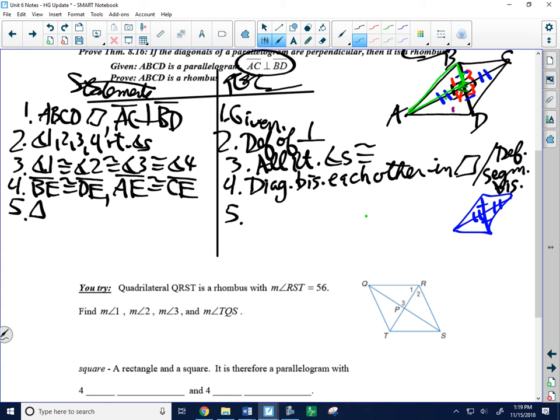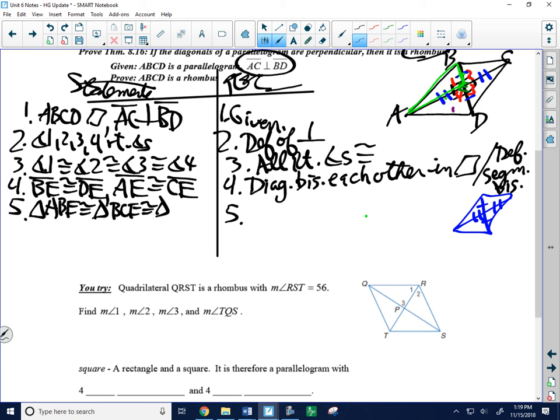I'm going to name all four triangles together. All four are congruent. This step, triangle ABE, top left one, congruent to triangle, top one, BCE. There are also different ways to name these. I'm just using this order.